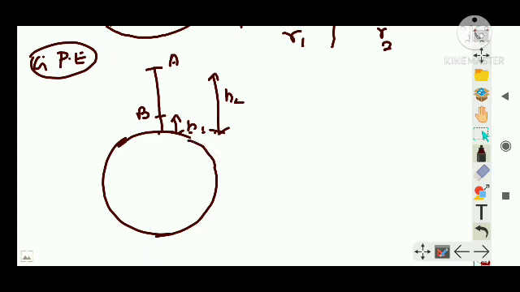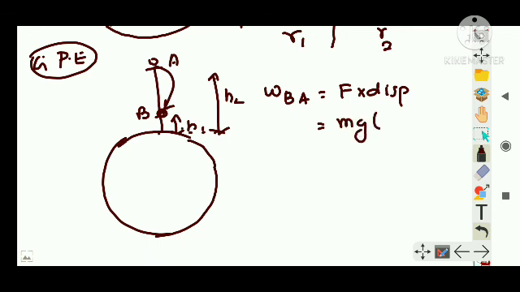Clear? So work done is equal to force into displacement, and force is your weight. Let's say mass m is to be brought from A to B. So the force is mg. What is the displacement? h2 minus h1. So I can write it as mgh2 minus mgh1.